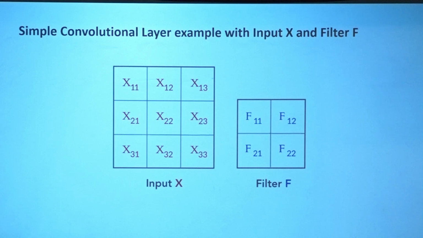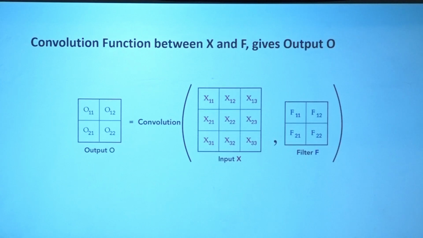Let us assume an example: you have a 3 by 3 input and a 2 by 2 filter. When the convolution operation happens between this 3 by 3 input and 2 by 2 kernel, what is the shape of the output you would get? 2 by 2: N minus f plus 1, that is 3 minus 2 plus 1. So you get a 2 by 2 output.